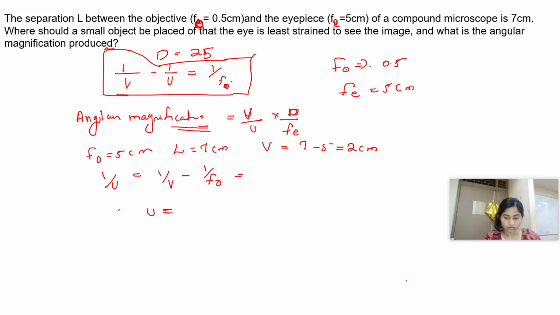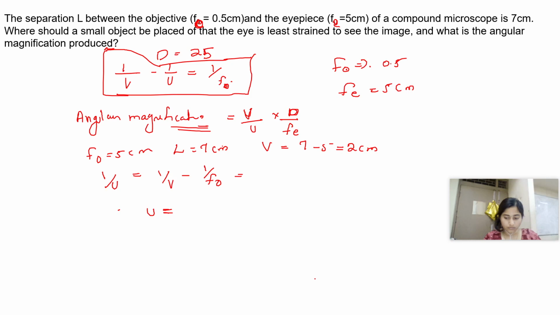How many types of magnifications are there? Normal magnification is the ratio of the image distance to the object distance, v by u, for a lens. But for an eyepiece and so on, the magnification is different.